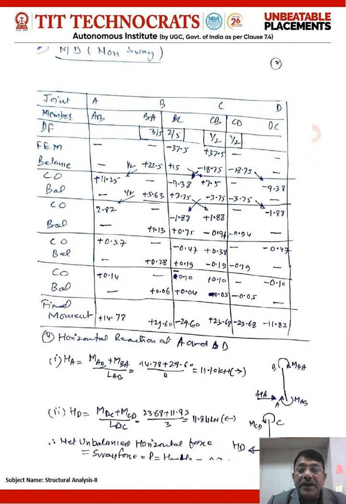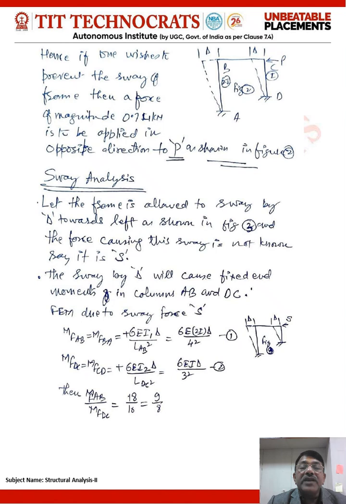Here you have done the non-sway analysis, in which the horizontal reaction at the base of column A, that is HA, and at the base of column D, that is HD, you can find out. So the difference of the two will let you know the exact value of the sway force.